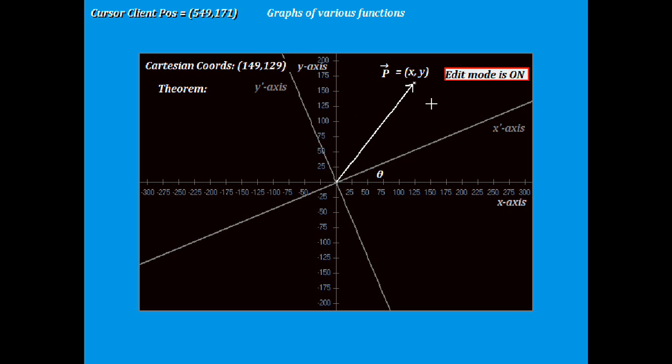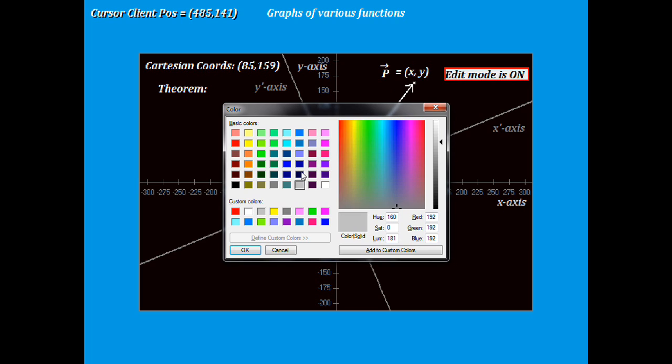Okay, now there's two ways to state the theorem. First, P has a position x, y, which I will indicate with a line.